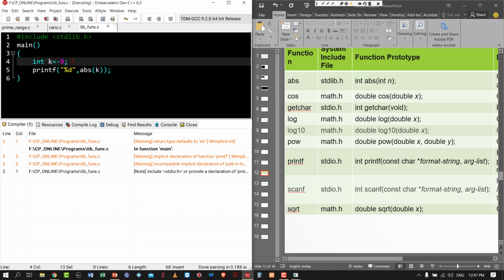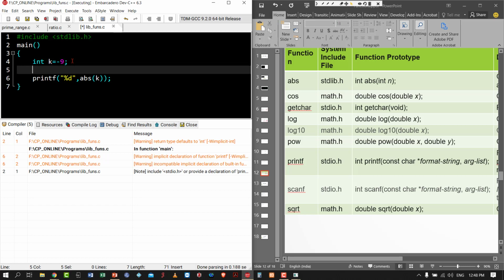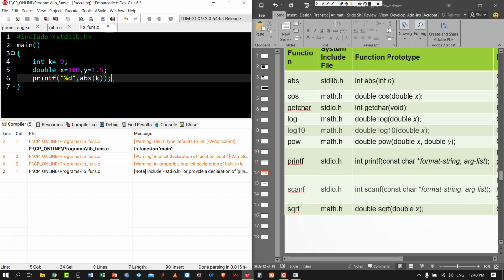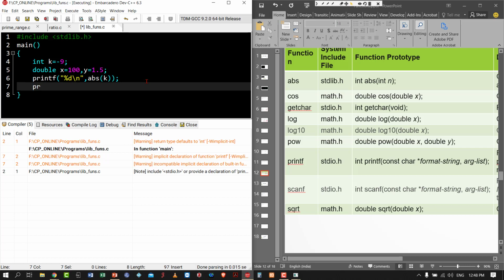So I am declaring 2 more variables. I am declaring double x equal to 100, comma, y equal to 1.5. Here I am giving a \n. Printf.